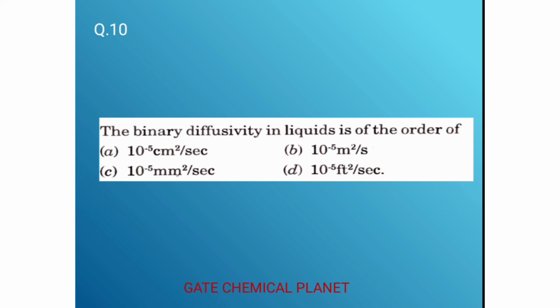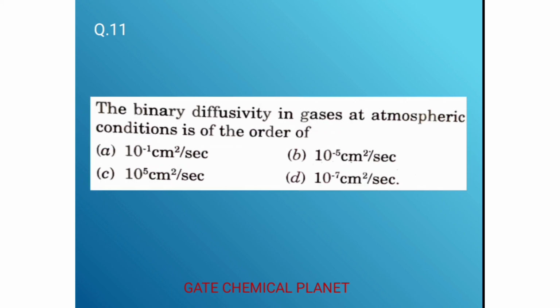So here the correct option is the A option, because the binary diffusivity in liquid is of the order of 10 to the power minus 5 centimeter square per second. This is a very good question. You can learn this value also. Sometimes it may be asked in examinations. So 10 to the power minus 5 centimeter square per second is the correct answer. Now move on to the next question.